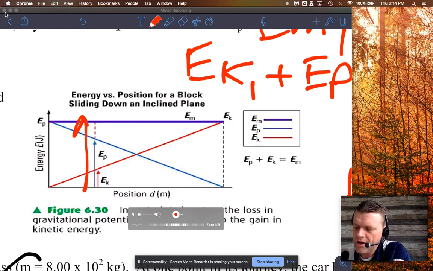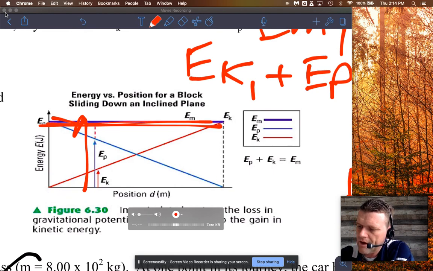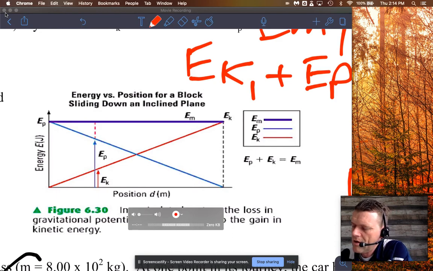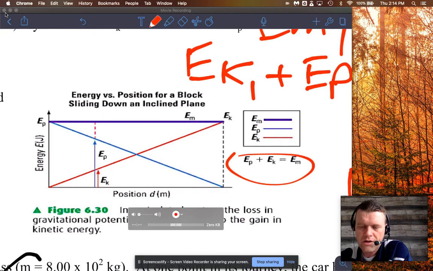You'll see this mechanical energy stays the same, doesn't matter where you are, left or right. In an isolated system, the mechanical energy stays the same, and so this expression holds right here, and all the other expressions that we just defined hold.